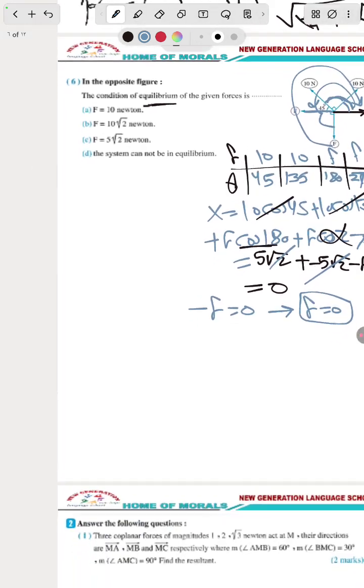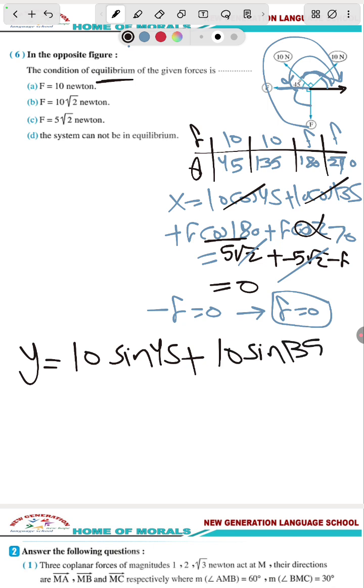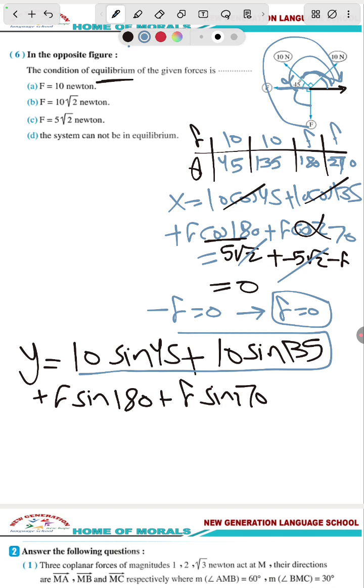Okay, and now we can get y by using the rule force sine angle, so 10 sine 45 plus 10 sine 135 plus F sine 180 plus F sine 270. 10 sine 45 plus 10 sine 135 will be equal 10 root 2 by using calculator.